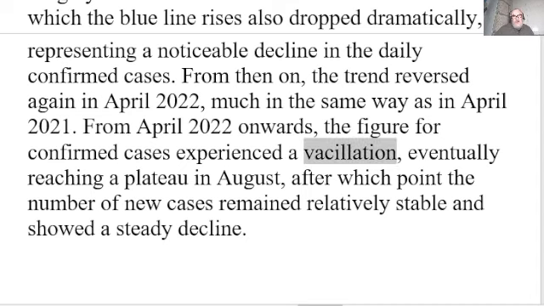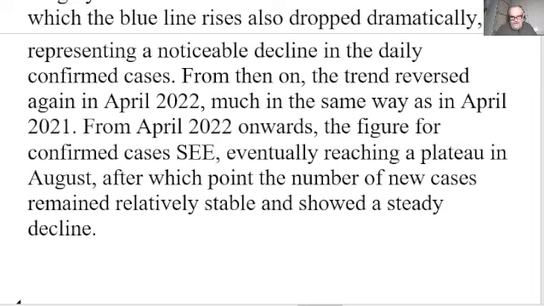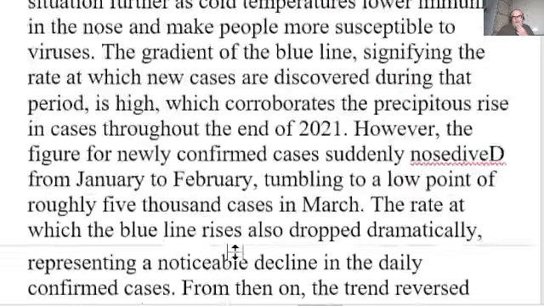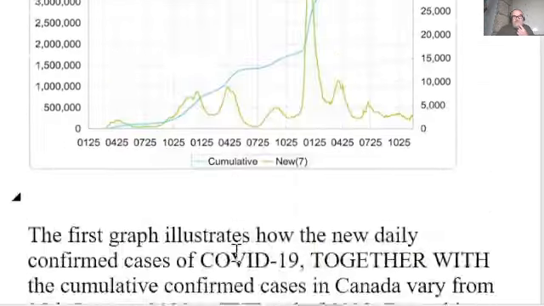It's not wrong, but it's not the best choice. And what I would probably use in this case, the number of confirmed cases soared, eventually reaching a plateau in August, after which point the number of new cases remained relatively stable and showed a steady decline.